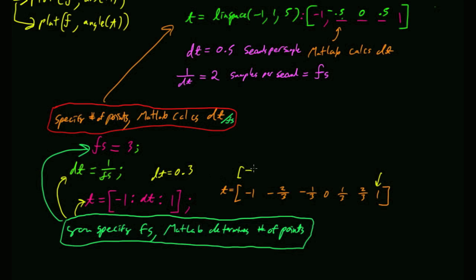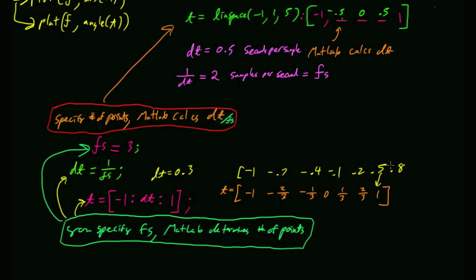Okay, so negative 1, negative 0.7, negative 0.4, negative 0.1, 0.2, 0.5, 0.7. No, 0.8 instead. Thank you. 0.8, and then what happens?